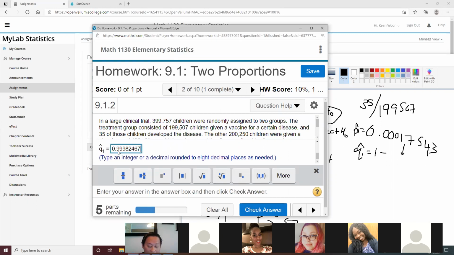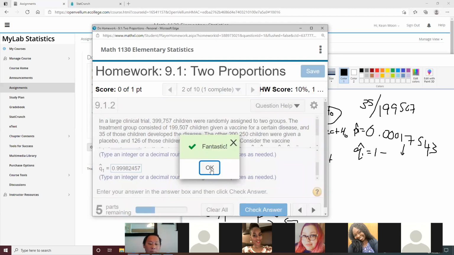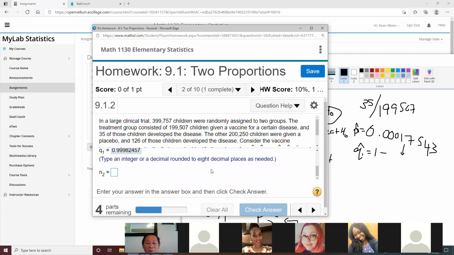So when you add these two numbers up, you should get exactly 1.